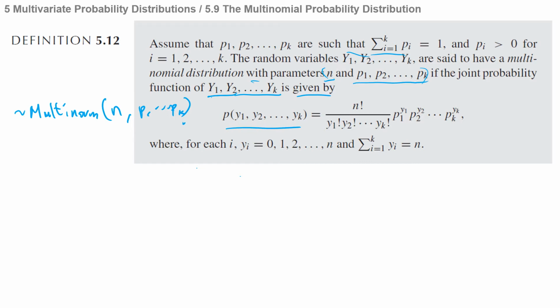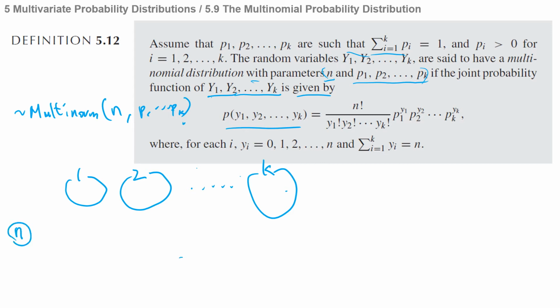Actually it is choosing: there is cell 1, cell 2, and cell k, and there are n items in total. Among the n items we are choosing y_1 for cell 1, y_2 for cell 2, and y_k for cell k.